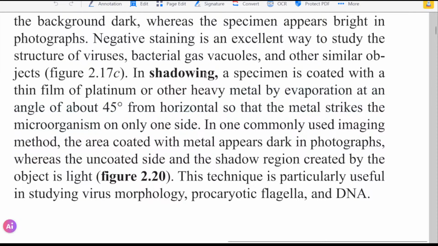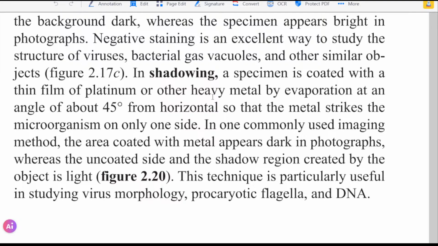So you make the specimen cast a shadow from only one angle. Usually a shadow can be made from any angle, right? And by shadow they mean the image that you get is a kind of shadow.